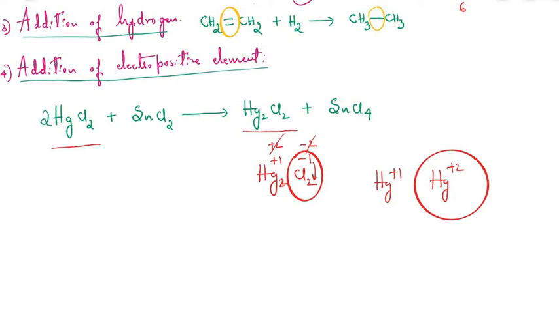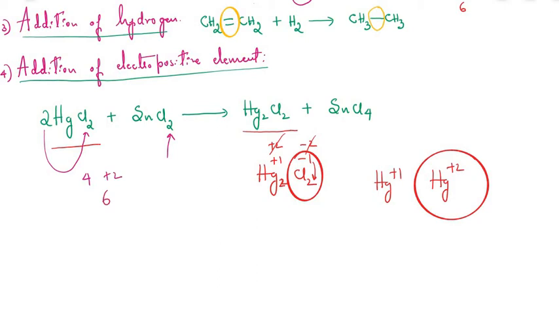If I write here 2HgCl2, then the Hg on both the side, it is what? Balanced. And at the same time, even the halogen atoms are also balanced. Can you count the number of halogens? So here 2 into 2, that becomes 4, and again here there are 2, so 4 plus 2, that becomes what? 6, right?